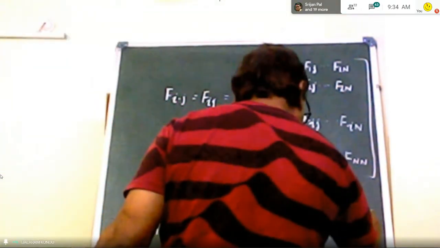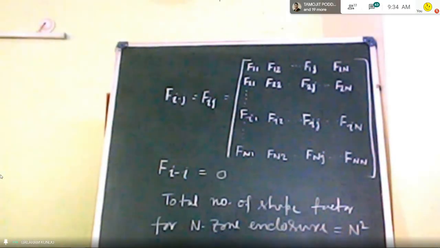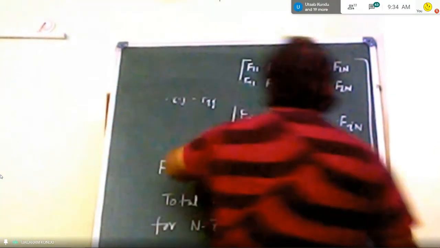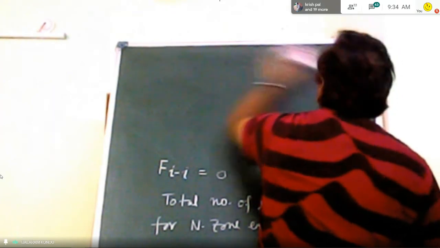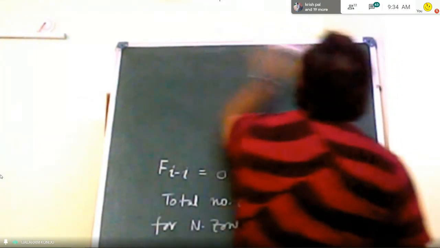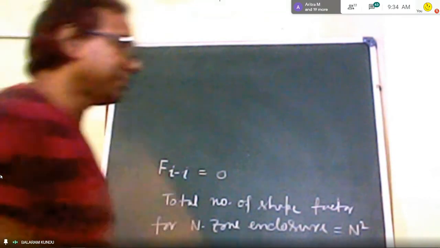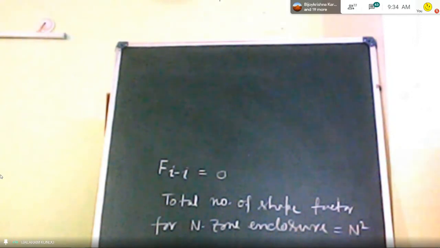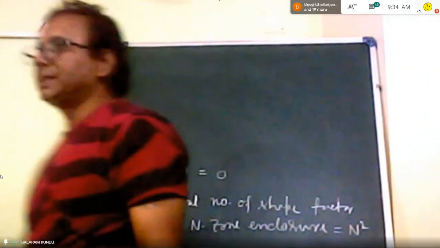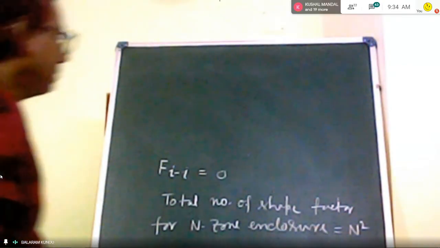So these numbers are required to determine to calculate heat exchange. Then, how can this number be determined? We assume that all surfaces are plane. If all surfaces are plane or convex in nature, then n shape factors will be 0, definitely.